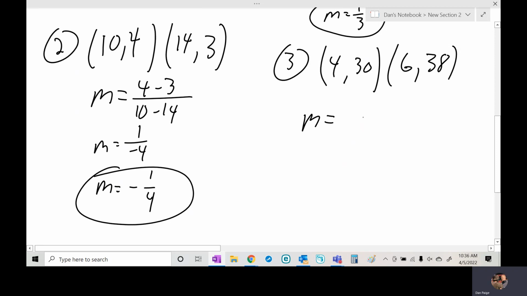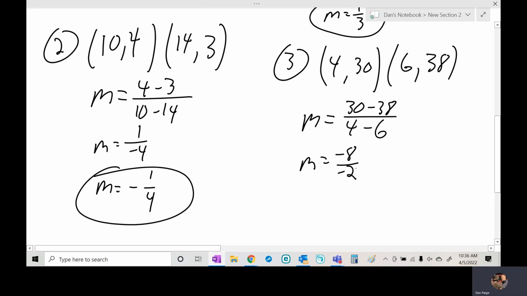The slope is, what are the y's? 30 minus 38. The y's go on top, and the x's go on the bottom. What are the x's? 4 minus 6. Now we start subtracting them. 30 minus 38. Negative 8. Negative 8. 4 minus 6.